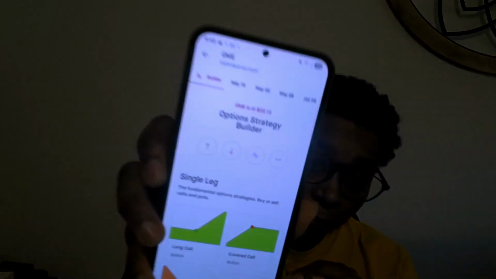Then you select whatever expiration you want. Once you get to that chain, click on any strike price you want, and you will notice that the Greeks will be showing. It shows right at the bottom. It shows the Greeks.